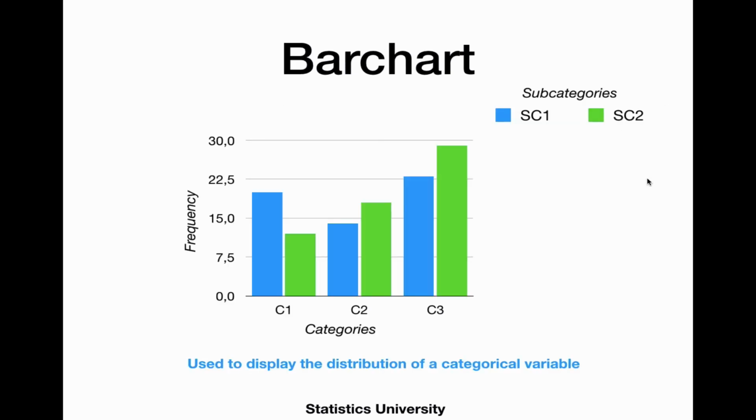Now, a bar chart is used to display the distribution of categorical variables, and it's very easy to see differences between frequencies of occurrence between categories and subcategories. Like in this case, we have 3 different categories, and then we can compare subcategories with the blue and the green value.